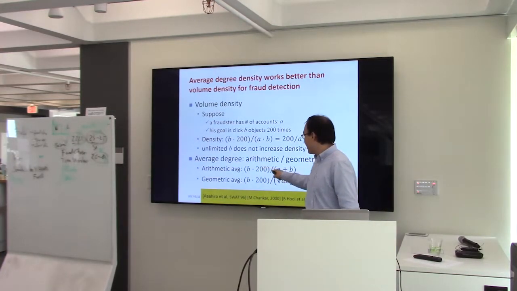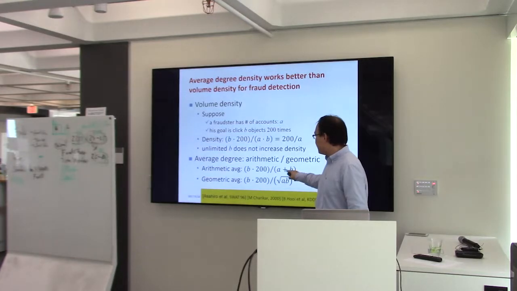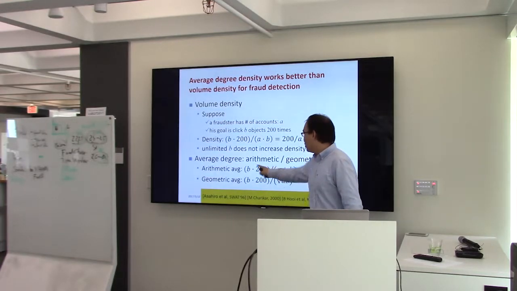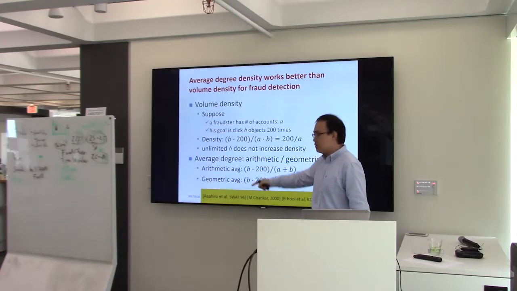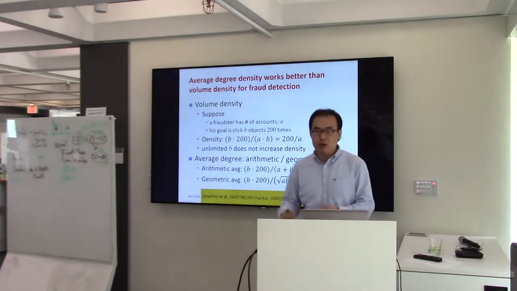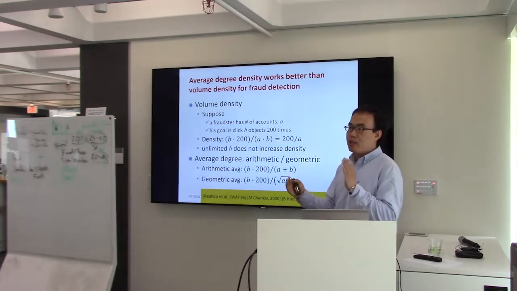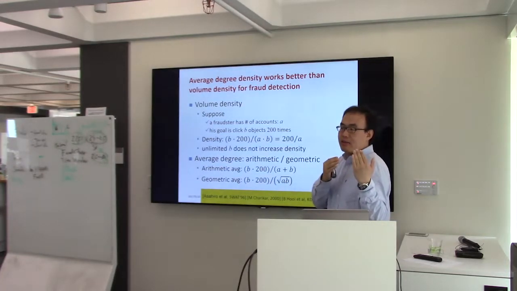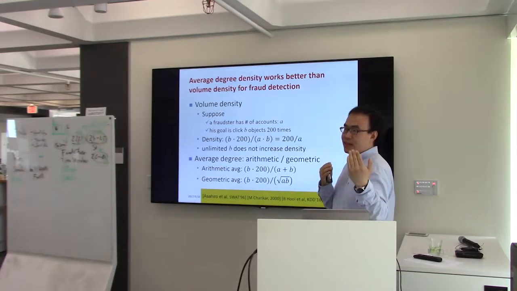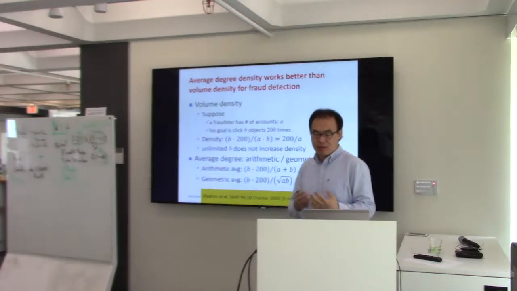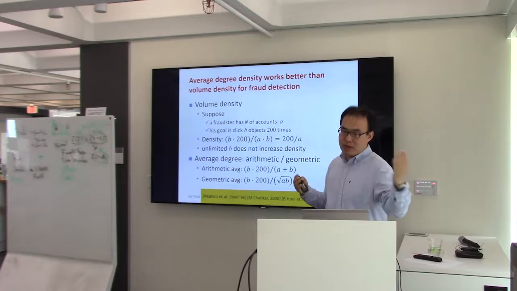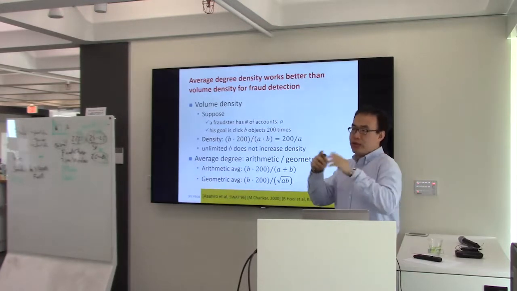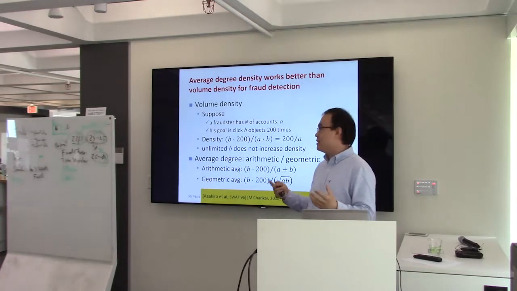From this equation, we can see that if B increases, the whole average degree, no matter geometric or arithmetic, will all increase. So that will limit the fraudsters, because if the fraudsters target too many objects, they will create a very high average density block.